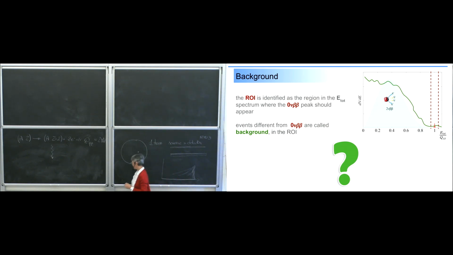you discover that life is not so nice, because you were very glad of this monochromatic signal, and then you have to face 2 problems. The first one is this. This monochromatic signal is generally shaped as a Gaussian to represent the energy resolution, whatever detector you are choosing.